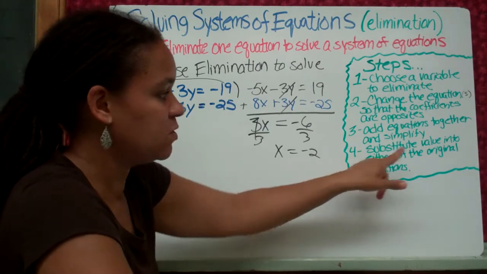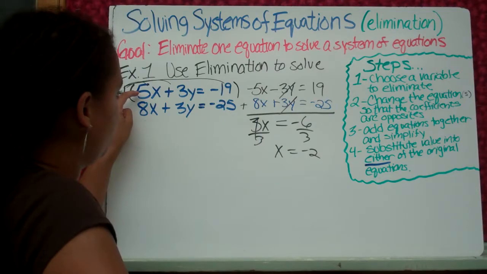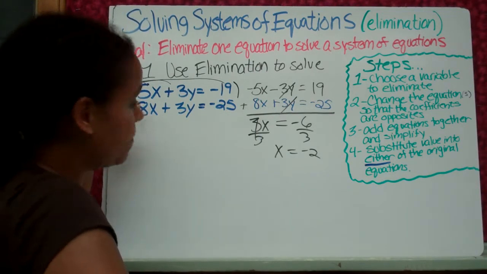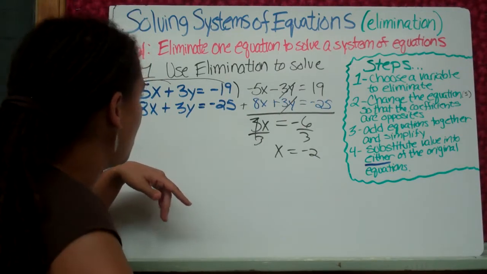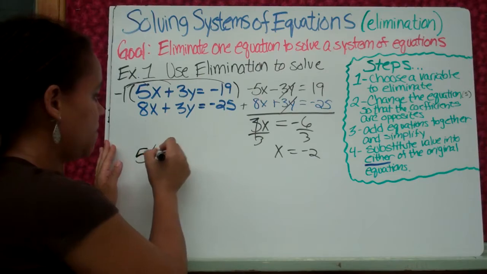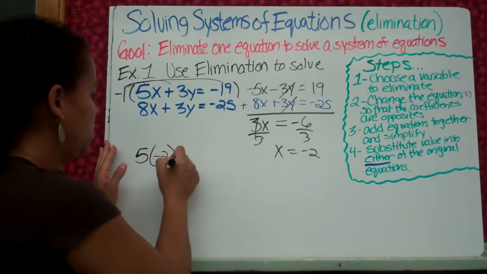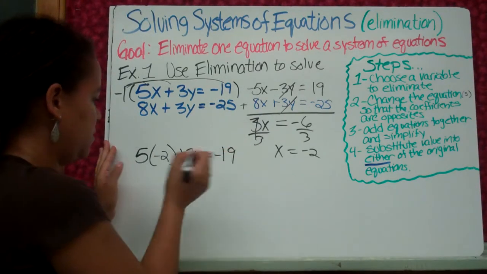And so now I need to substitute the value into either of the original equations. I can plug it into this one or this one to figure out what y is. It really doesn't matter. I'll just stick with the top one. So I'm going to say 5 times my x, which is -2, plus 3y is equal to -19.